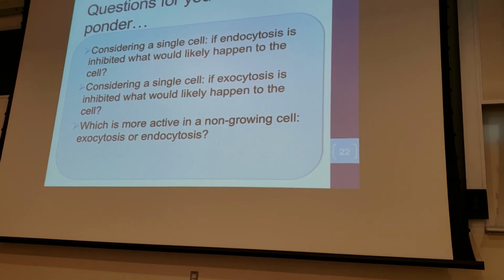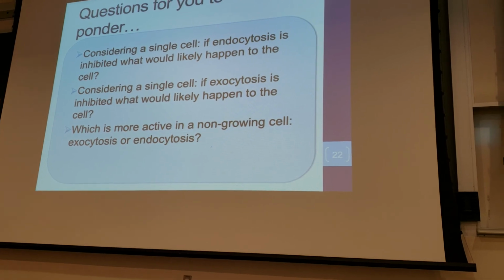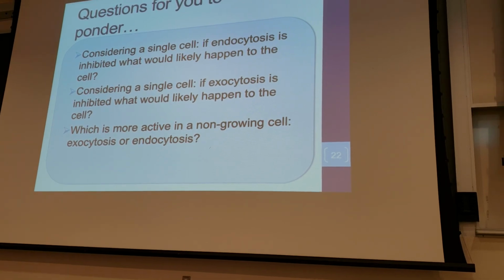I think it depends on the cell. Like, let's say red blood cells. You need what? Oh, you need carbs, huh? You need them to identify. They also do glycolysis.